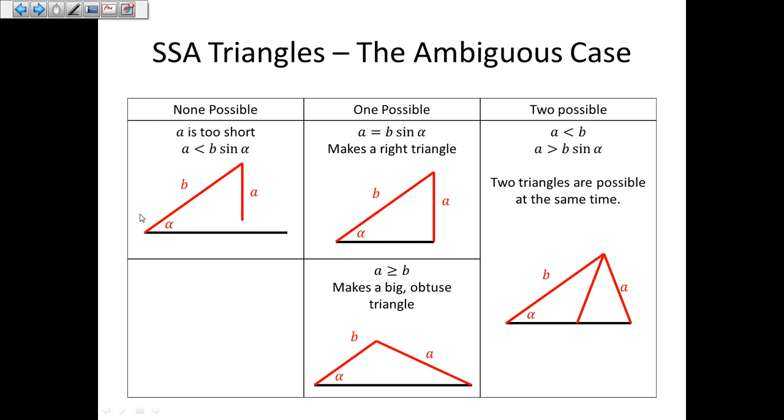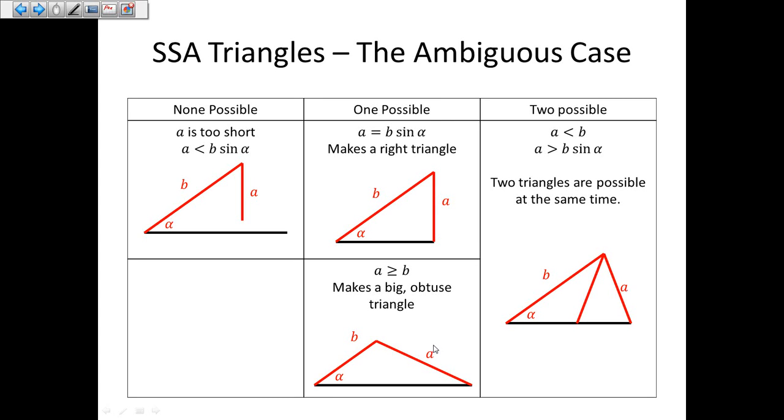And here we see graphically what it would look like if there's no triangle possible. They gave us an A value that's basically too short to make a triangle. We're going to spend a little bit more time focusing on these, where there is one triangle possible, and that triangle may be a right triangle, so A is just barely long enough.